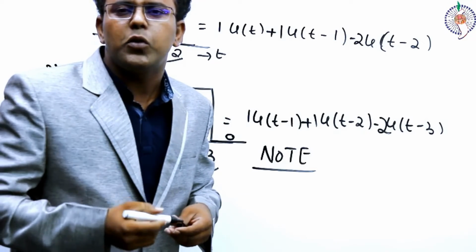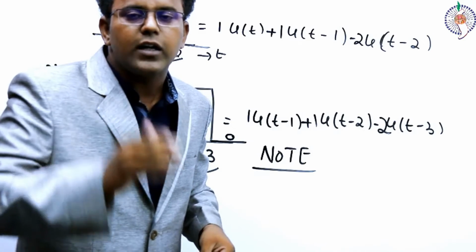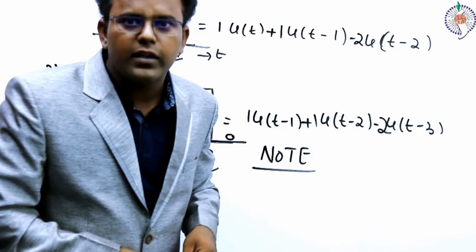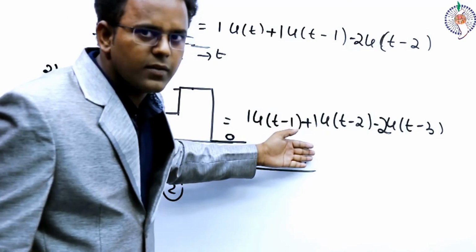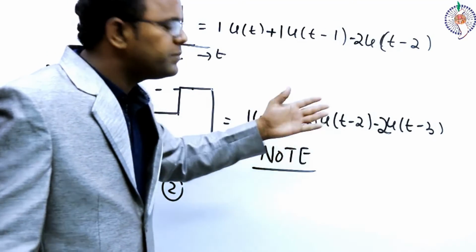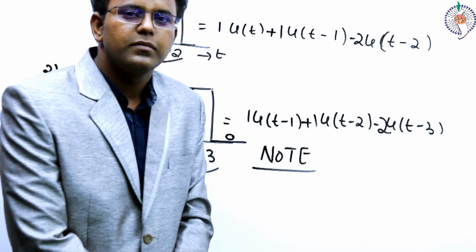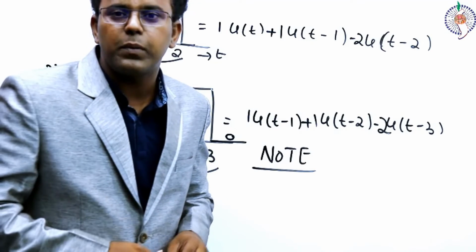Any finite time duration signal, if you take it and you are representing it by step signals, please add the sum of the coefficients. How much is the answer? Please respond.